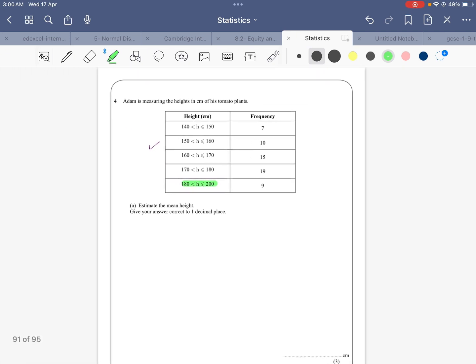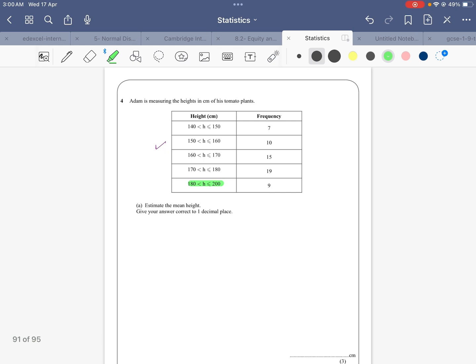Now we find out the midpoint of the class, which is x. So let's find out x. Here x is 145, 155, 165, 175 and 190. Then we will find out fx, meaning frequency multiplied by midpoint.